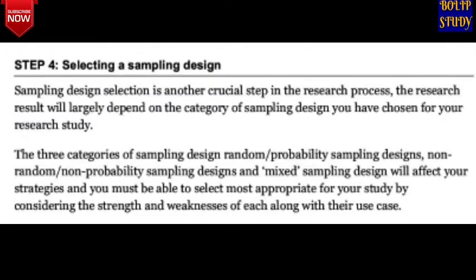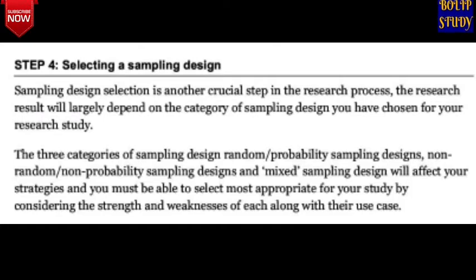Step number 4, selecting a sampling design. Sampling design selection is another crucial step in the research process. The research result will largely depend on the category of sampling design you have chosen for your research study.